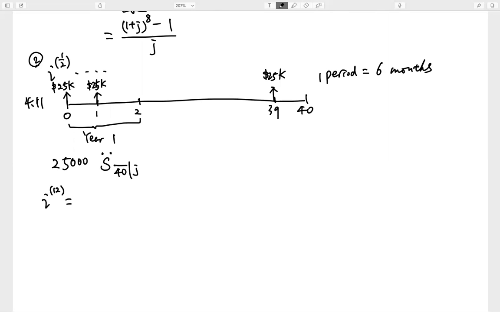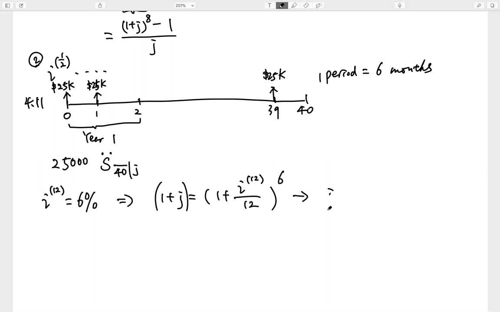So for j, it would be 1 plus j, which is the accumulated value for 6 months. So this is 1 month, so obviously I need to raise the power to 6. If you feel uncomfortable, you can raise the left-hand side to the power of 2 and put 12 on the right-hand side if you want. From here, you should be able to get j, right?